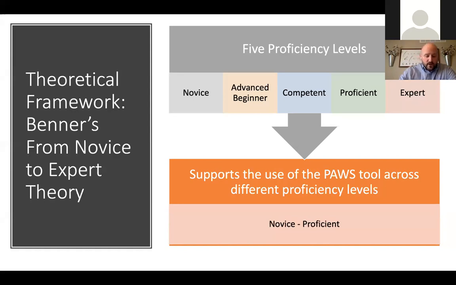Benner suggests one cannot effectively become an expert without situational experience, and suggests nursing skills are acquired and developed as the learner passes through 5 proficiency levels, including novice, advanced beginner, competent, proficient, and expert. This theory was chosen with the intent that the resulting checklist could be utilized by anesthesia professionals across different levels of proficiency, from novice to proficient.